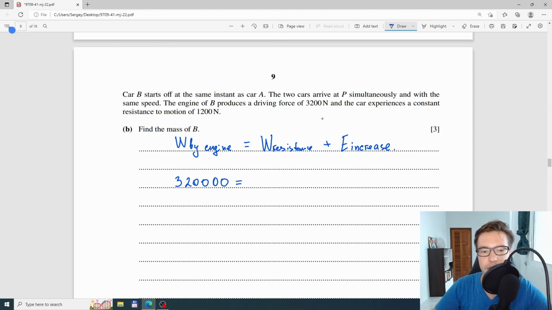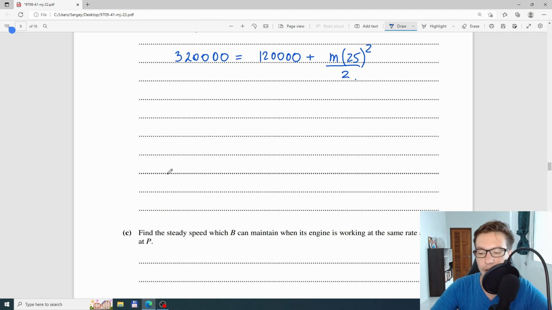We know the force of resistance is 1,200, so the work is going to be 1,200 times 100 plus the energy increase. That's going to be mv squared over 2. We don't know m, so leave it as a variable. Velocity is 25, so 25 squared over 2. So that's the equation to find m.